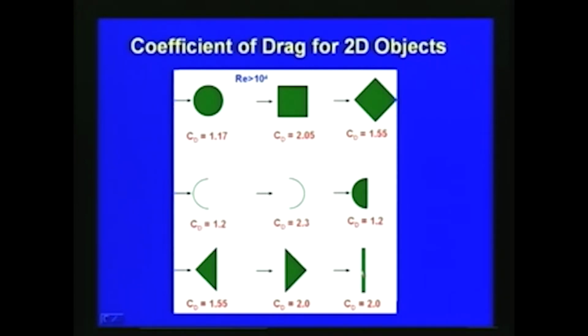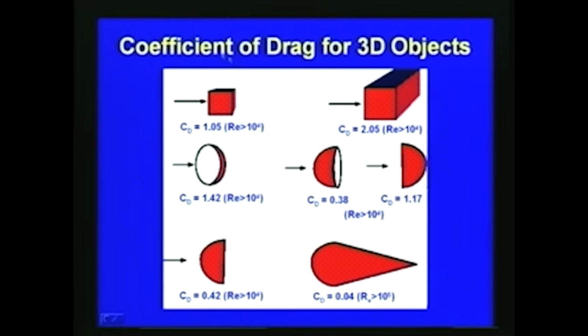And similarly, for a flat plate which we put normal to the flow, the coefficient of drag is about 2. Similarly, if you consider three-dimensional objects, for example, where the Reynolds number is more than 10 to the power 4, the coefficient of drag for a cube is CD equal to 1.05, and for a prism, the coefficient of drag is 2.05.